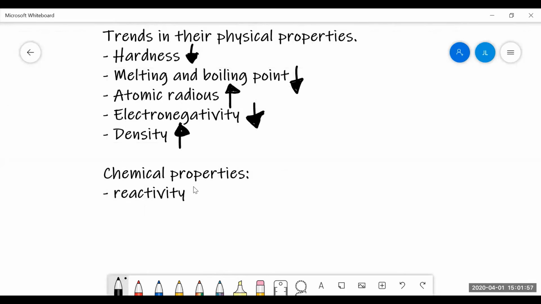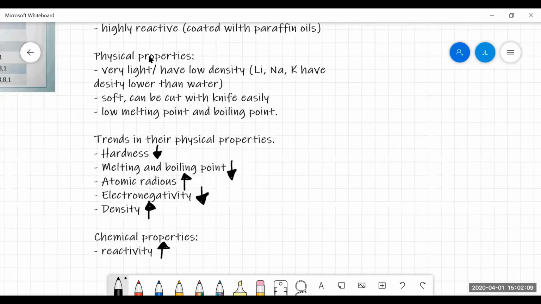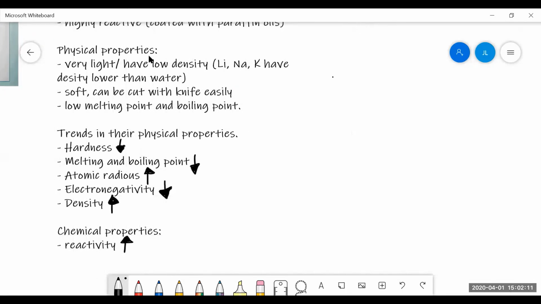No, it actually increased. The reactivity increases down the group. Let me explain why it is so. For lithium, it only has 1, 2, right?